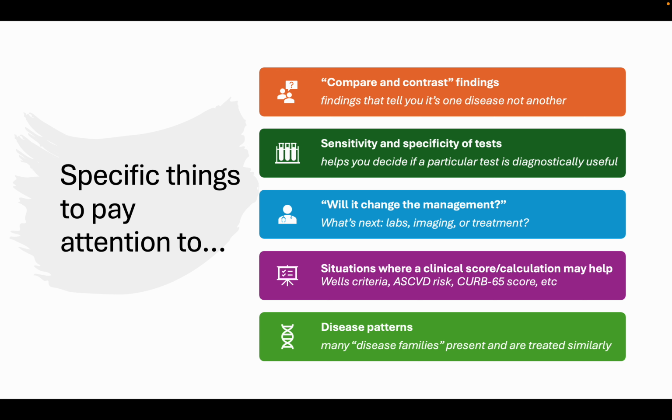sometimes you'll have two diseases that present very, very similarly. An example is post-infectious glomerulonephritis and IgA nephropathy. Both can present very, very similarly, but there are a couple of key findings that can tell you it's one and not the other. For instance, PSGN or PIGN presents later, usually 10 to 21 days, versus IgA nephropathy, which presents much earlier.